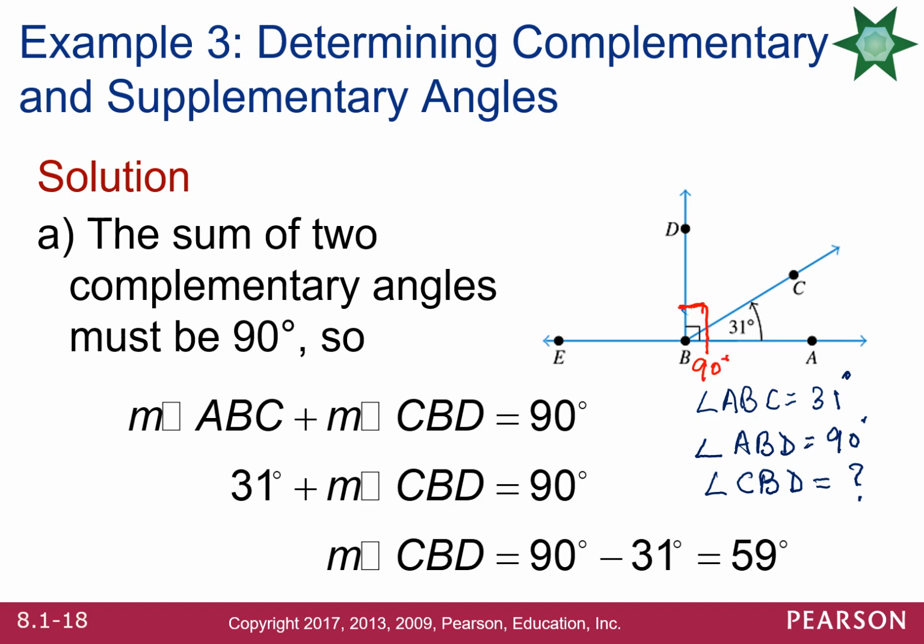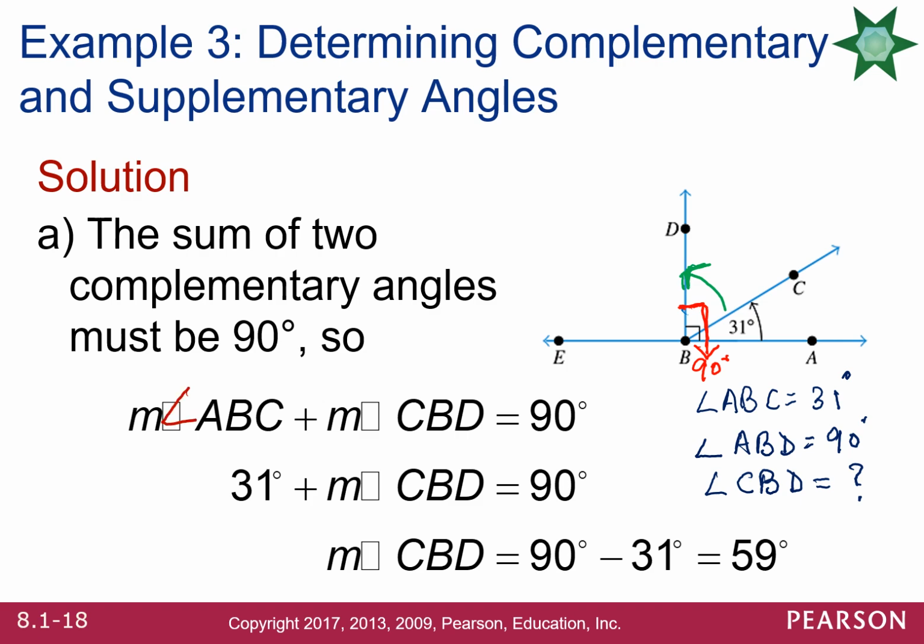So if the entire angle ABD is 90 degrees and a portion of it is 31 degrees, ABC, the question is asking us to find this portion of the angle. So if we do 90 degrees minus 31 degrees, we will know what CBD is. So they worked it out here.